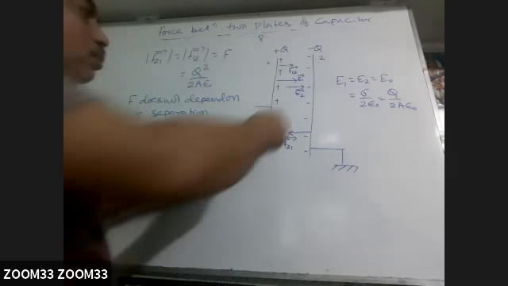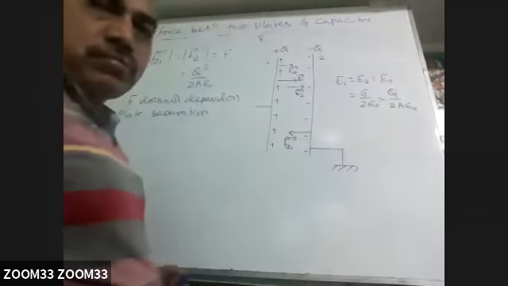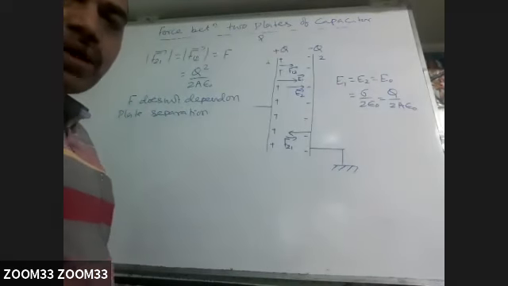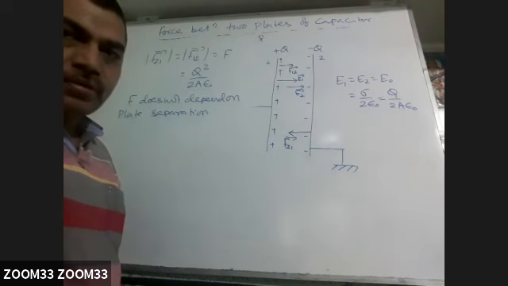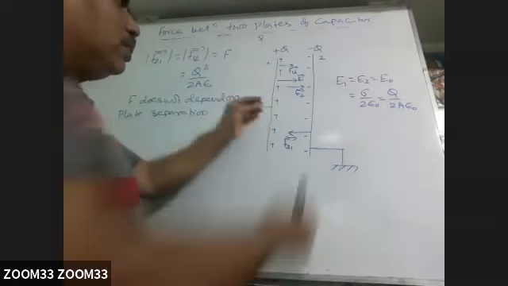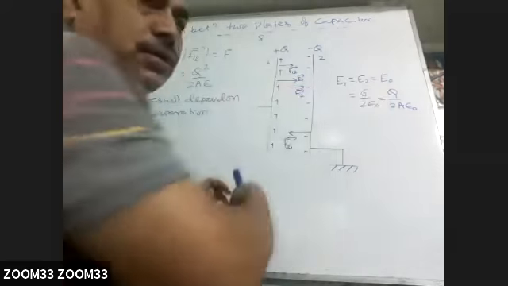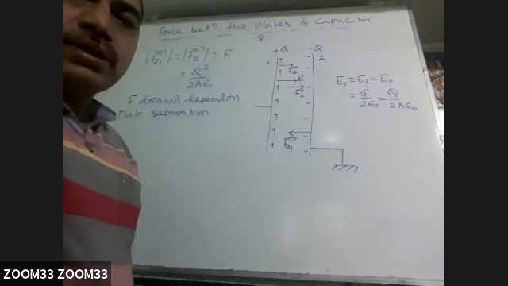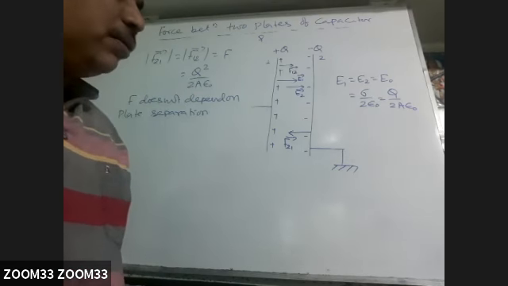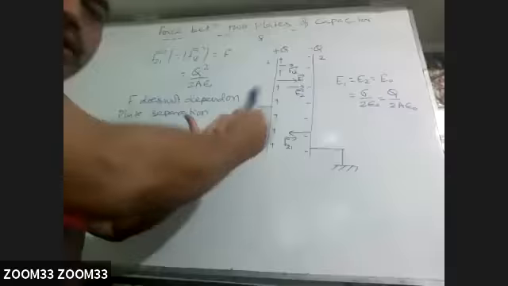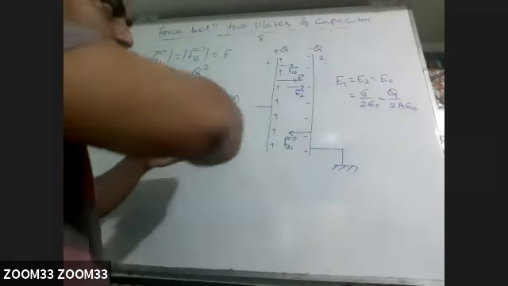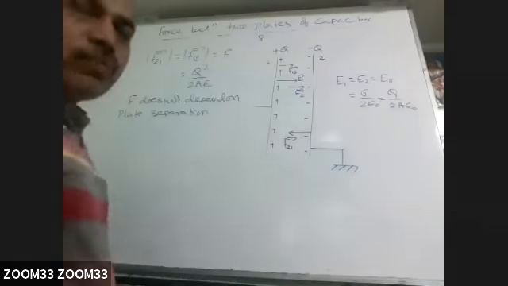Now suppose we want to increase the separation. So we will have to do some work, because earlier the plate was very close. Now it is moved from here to here, distance apart. So work will be done by external agent or electric field. Due to electric field, it has a tendency to come closer, whereas if we apply the force in opposite direction, then only it will move.